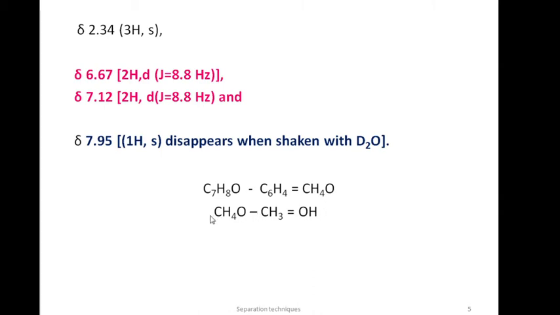From CH4O, if you remove this CH3, what remains is OH. Now you have a basic idea. This corresponds to C6H4, and these values, 2 plus 2, correspond to 4 protons.